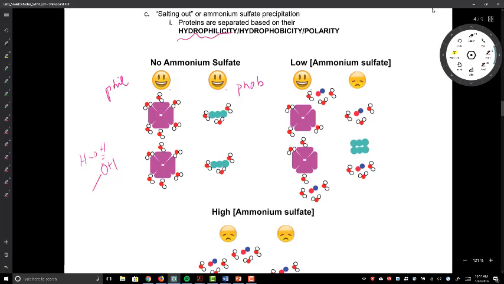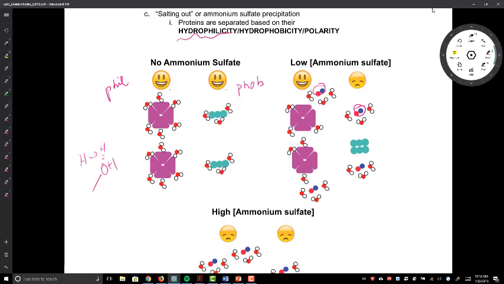You can see here that the ammonium sulfate ions start interacting with the water molecules instead of the hydrophilic groups on the protein surface, because it turns out that it's a lot easier for water molecules to solvate a really tiny ammonium sulfate ion than it is for them to solvate the large, bulky groups of a protein.